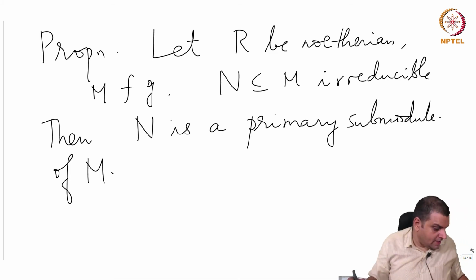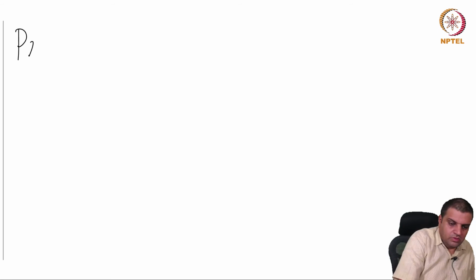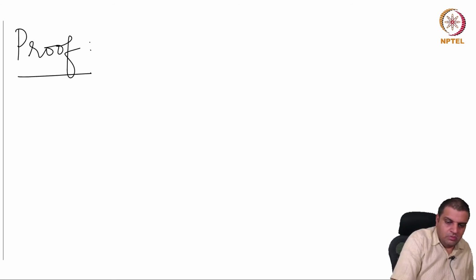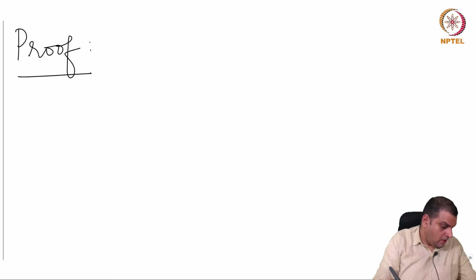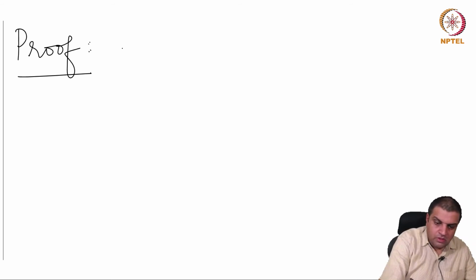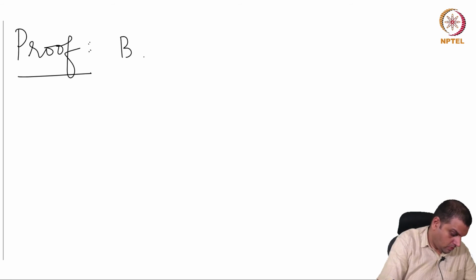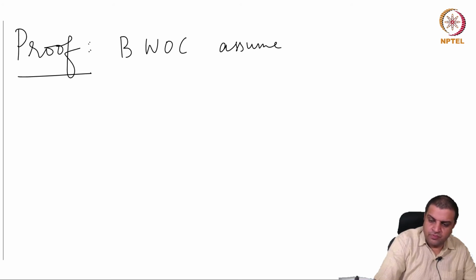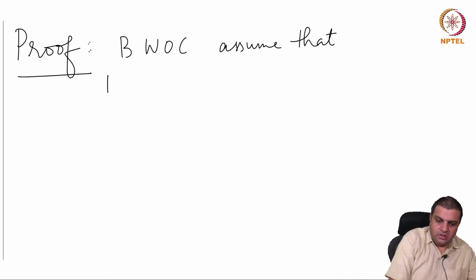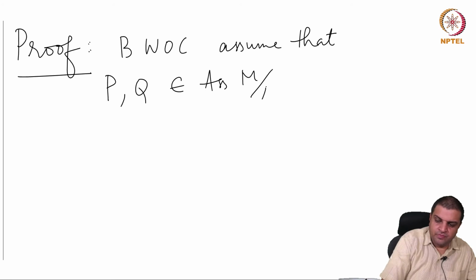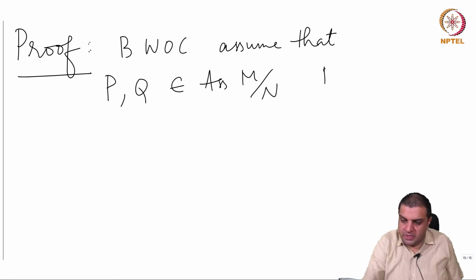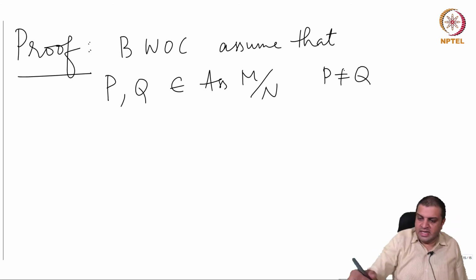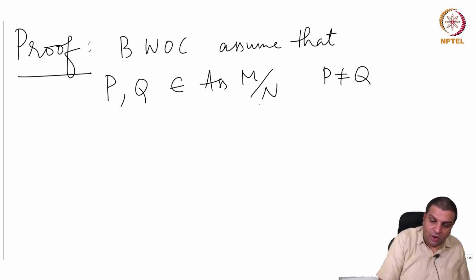Okay, so let's prove this. By way of contradiction, assume that there are P and Q inside the associated primes of M mod N, and P different from Q. In any case, this set is non-empty.